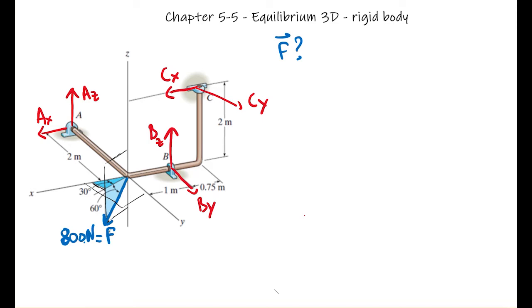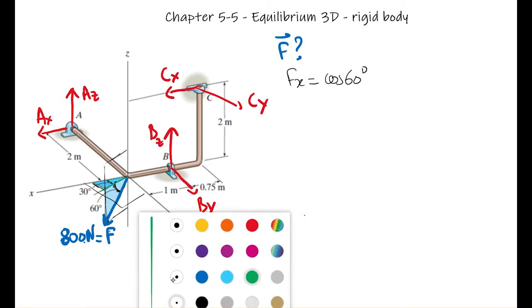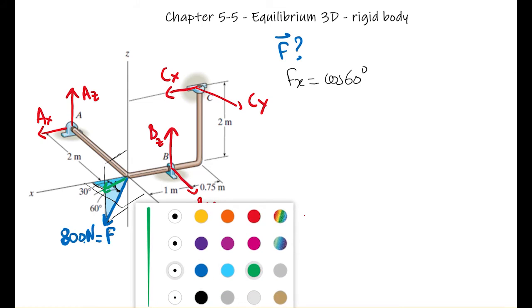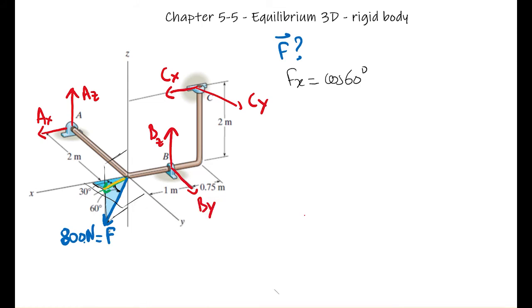So for Fx, it will be equal to cosine 60 degrees, up to the F prime, the yellow one. Then cosine 30 degrees times F.